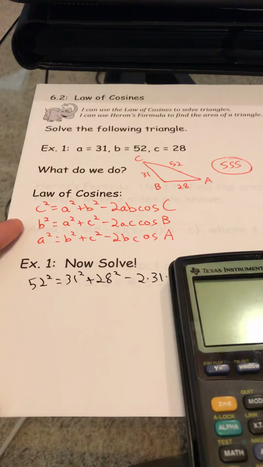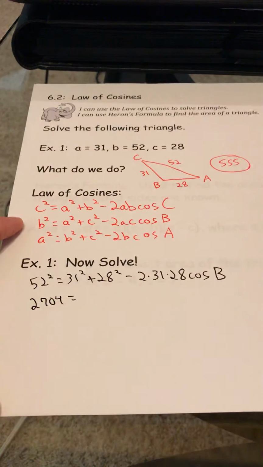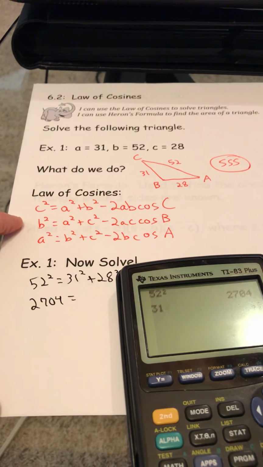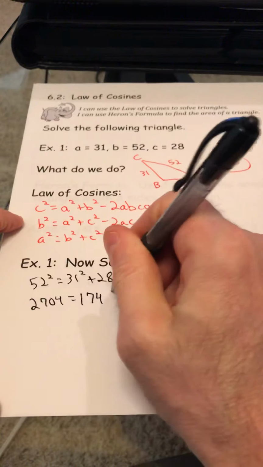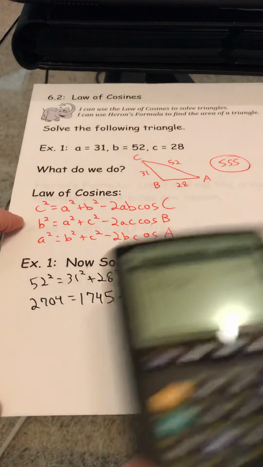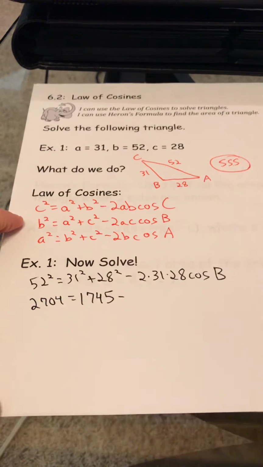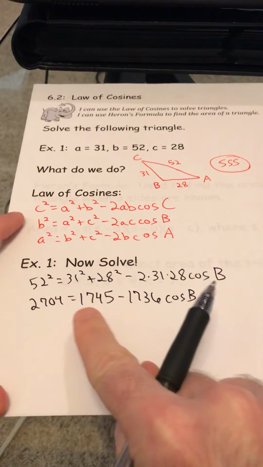From here, you do end up with some fairly large numbers. So 52 squared is 2704. You do have to be careful when you are working with the law of cosines about how you enter things into the calculator. Do not try to enter this all at once. You can certainly add these two values up and then minus 1736 cosine B. The most commonly made mistake is right here.